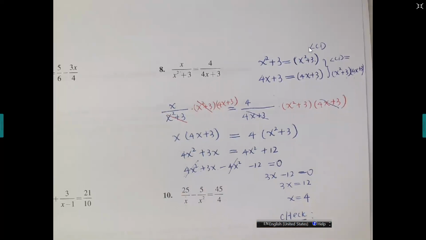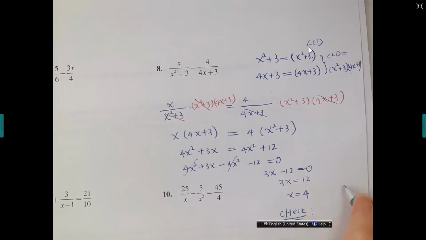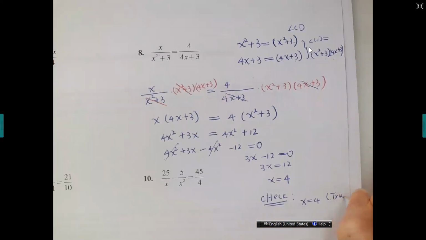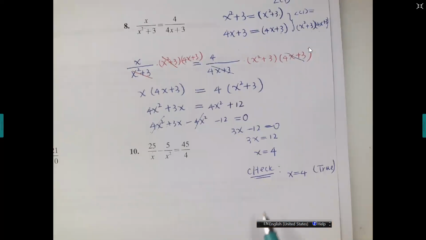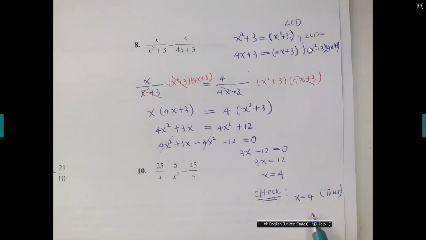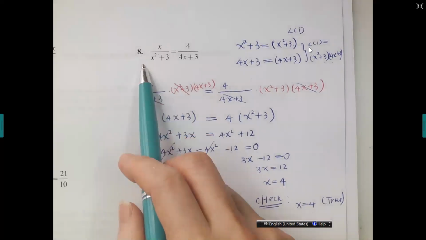There is no bomb left, and the denominators are all safe. x equals 4 is a true solution. So I will leave the 4 here. So 4 is the final solution. If you don't believe this, you can still check the entire left side equals what?